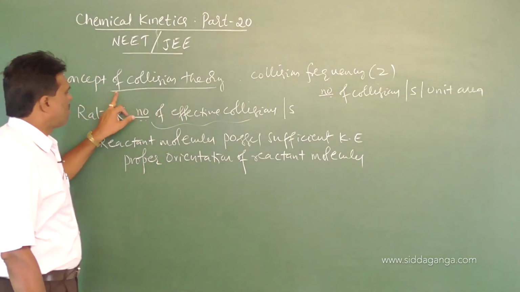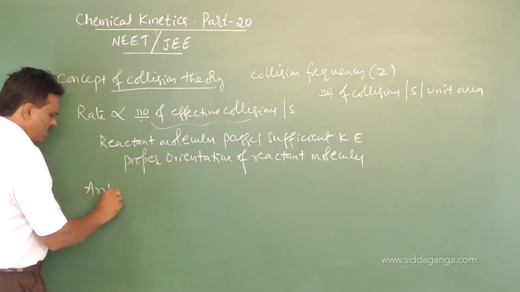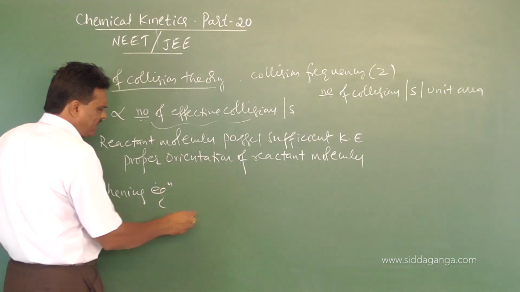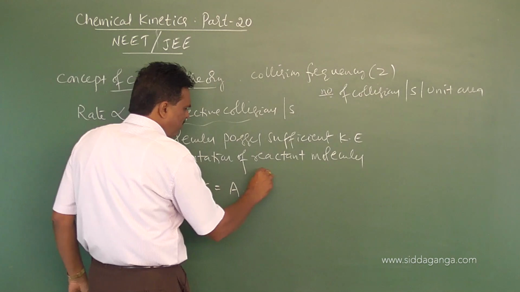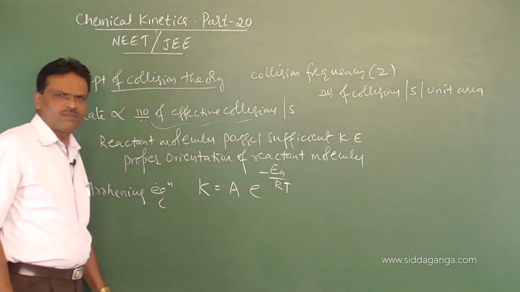According to Arrhenius theory, the Arrhenius equation is k = A e^(-Ea/RT).